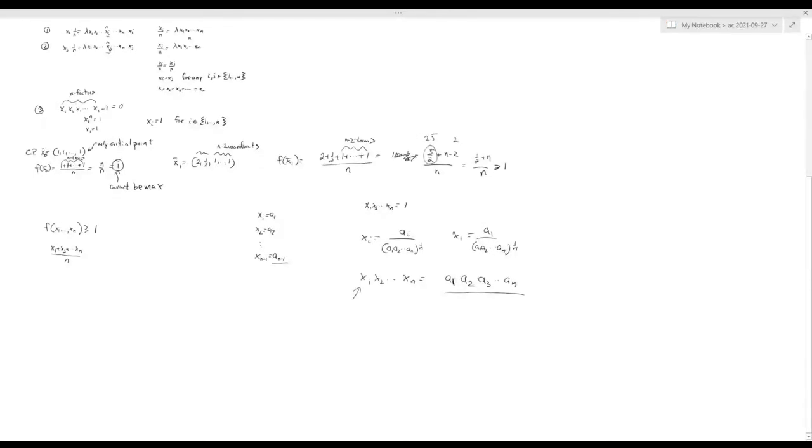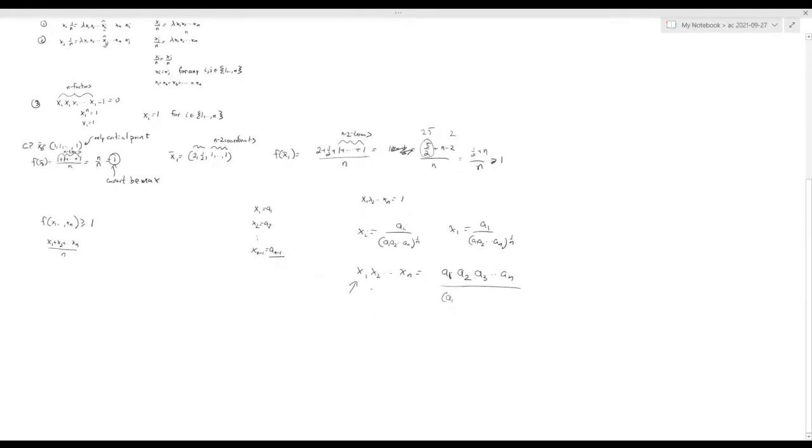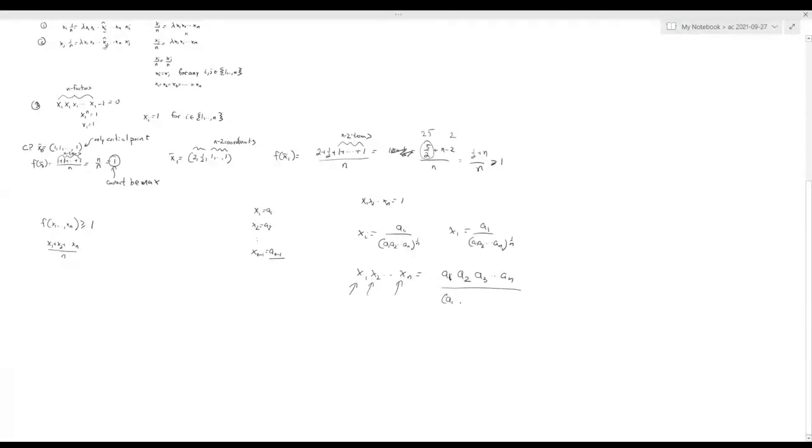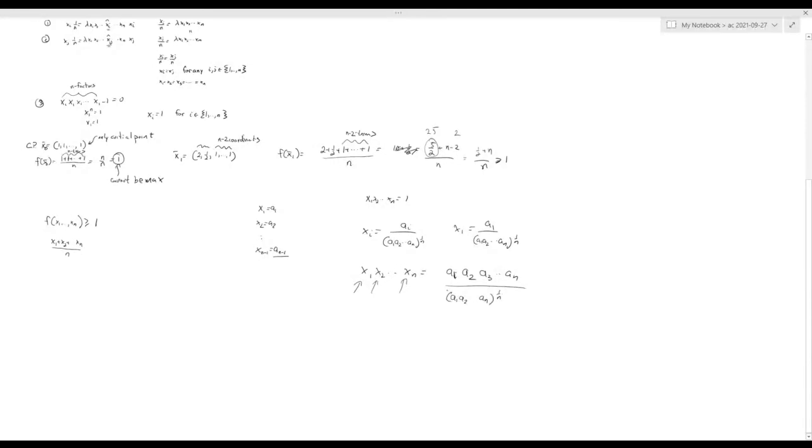When you get x1, you get that factor in there, but you have n of those. Each of these n coordinates has that denominator. So when you multiply all those denominators, it's the same factor raised to the power n, because there are n of these factors. So that's equal to 1.